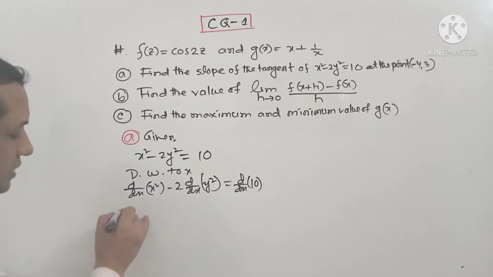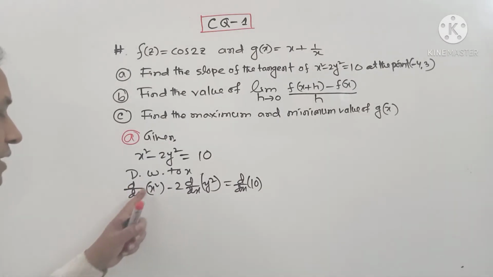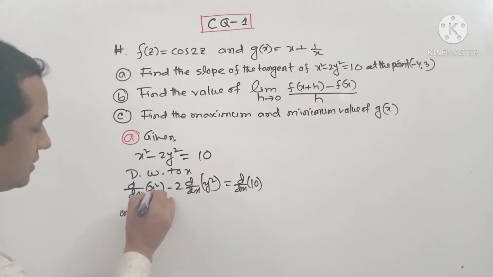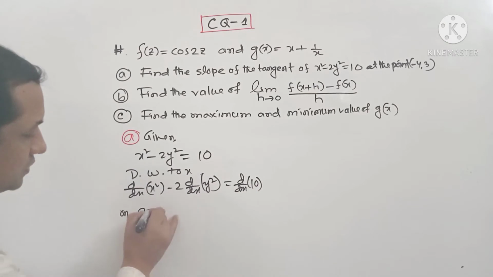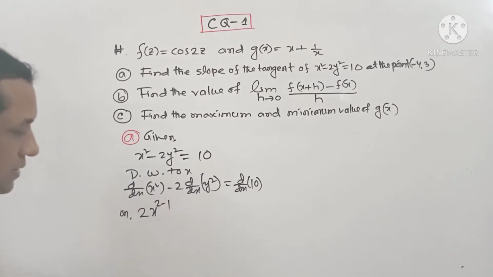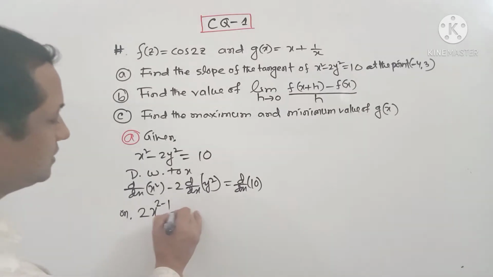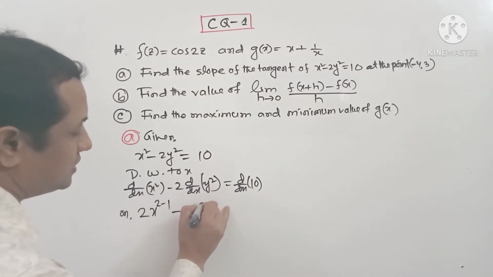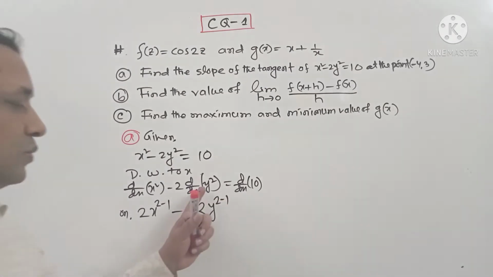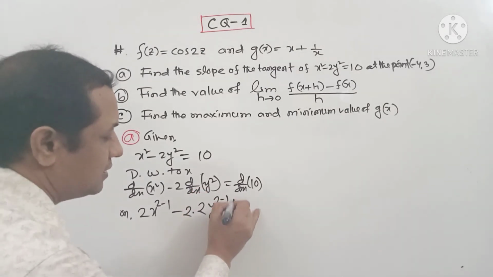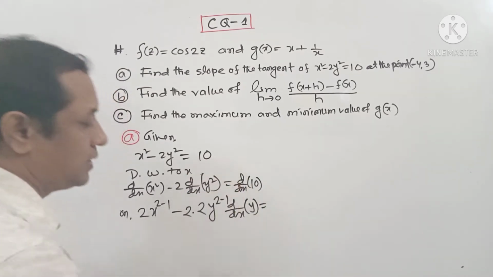Using the differentiation formula, d dx of x square, we know that for x to the power n, it is n times x to the power n minus 1, so 2x to the power 2 minus 1. Again d dx of y square, so minus 2, times 2y to the power 2 minus 1, and here y is a function of x, so again differentiating with respect to x, we get dy dx.